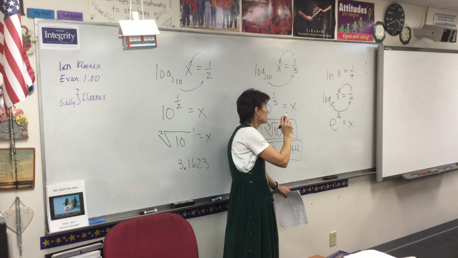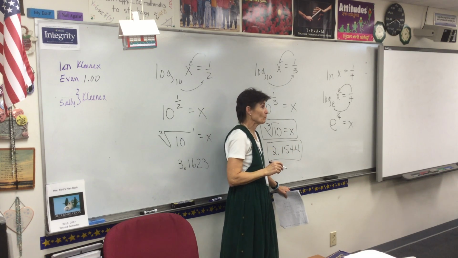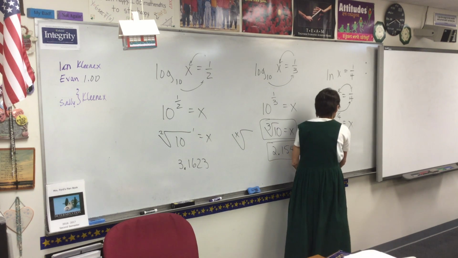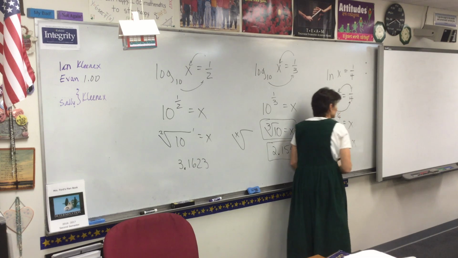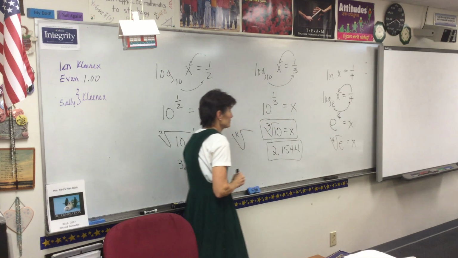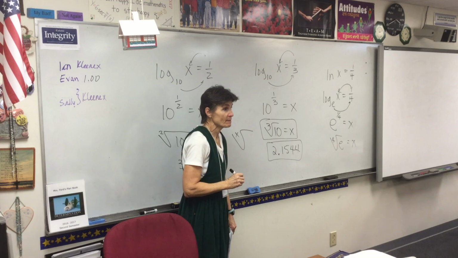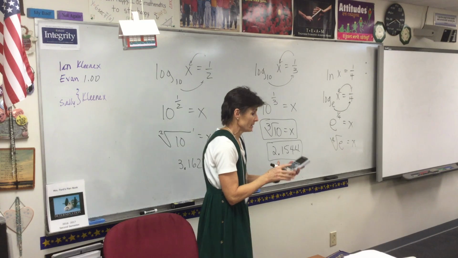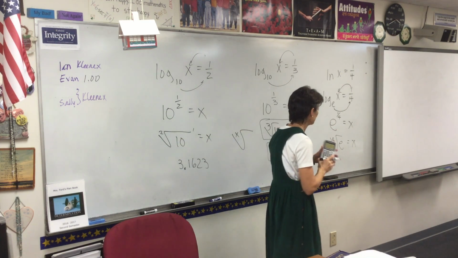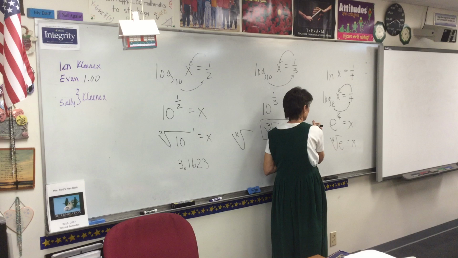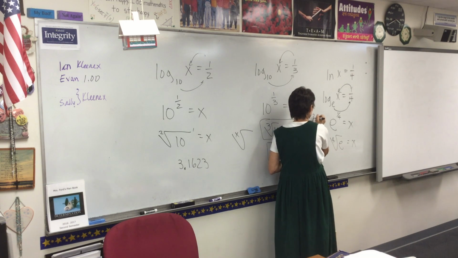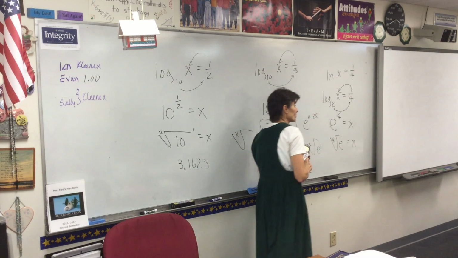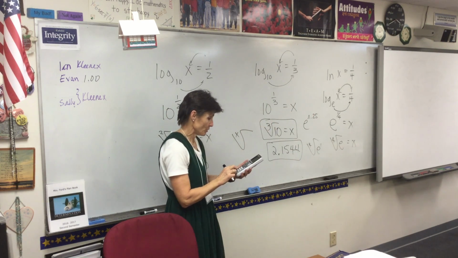Now stop it. e to the 1/4 equals x. What does that mean? What's e to the 1/4? 4th root of e. Don't fractional exponents mean radicals? So now, I'm going to give you a little hint. If you're putting this in on your calculator, you can either put it in as an exponent, or you can put it in as a radical, whichever is easiest for you.